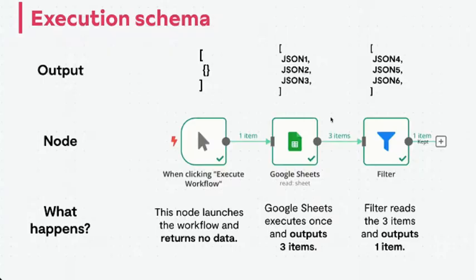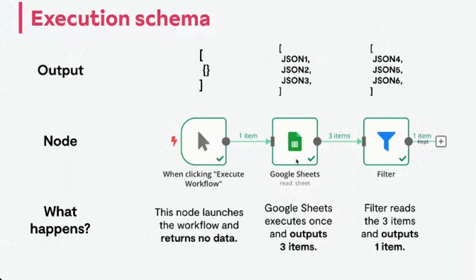The execute workflow node launches and returns an empty JSON, so no data at all. And here we can see we have our empty JSON in a list. This is returned so that the next node can execute once because we have one item.